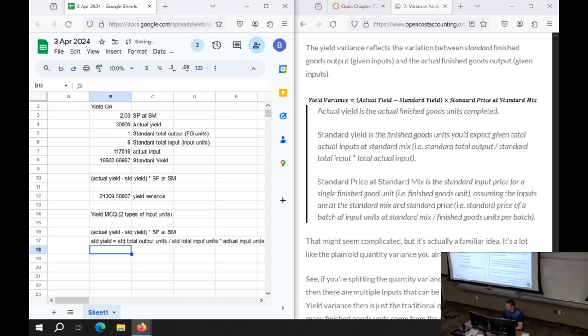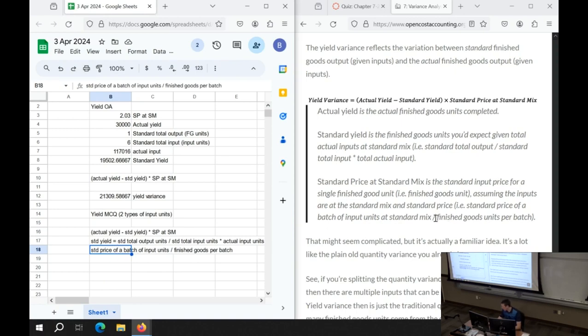Then what we have to do is the standard price at standard mix, which is the standard price of a batch of input units divided by finished goods per batch. This isn't a hard thing to do typically because we're usually talking about 1 finished good per batch.